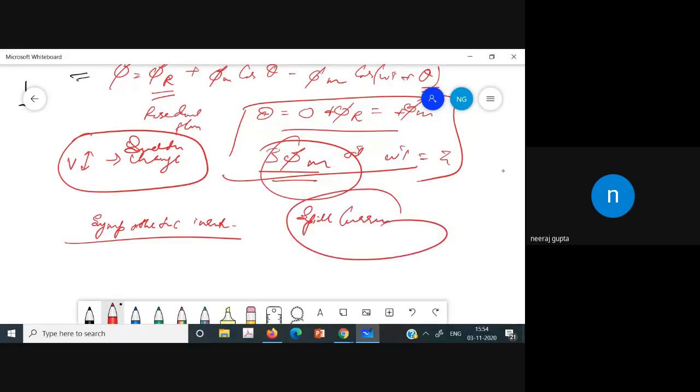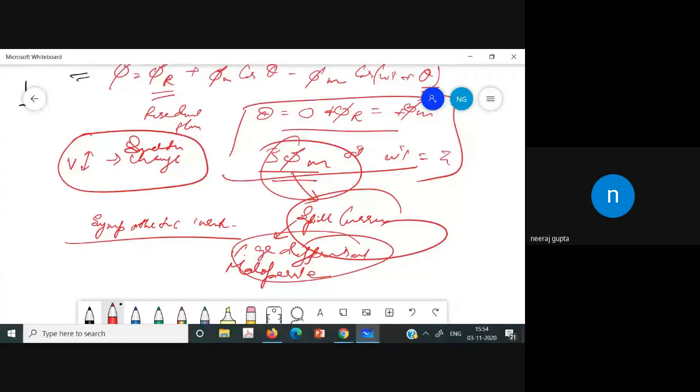So from this we see that the percentage differential relay is likely to maloperate, because of the flux it will see the spill current, and because of the spill current it will operate. So it will maloperate while seeing the large amount of current.